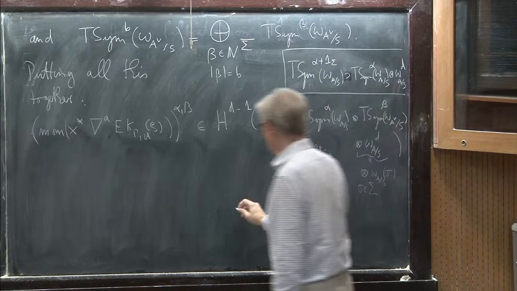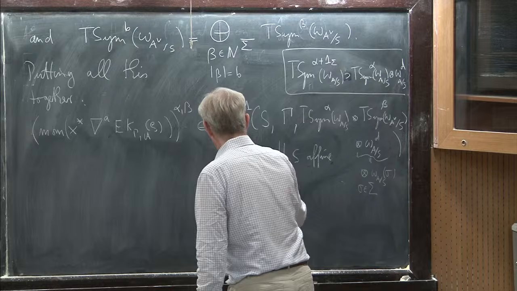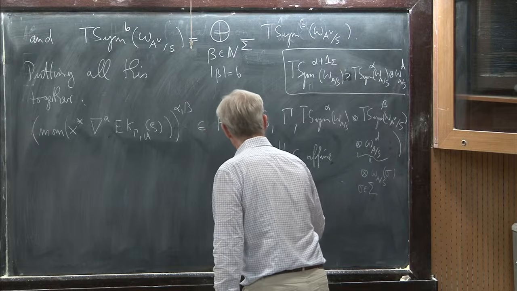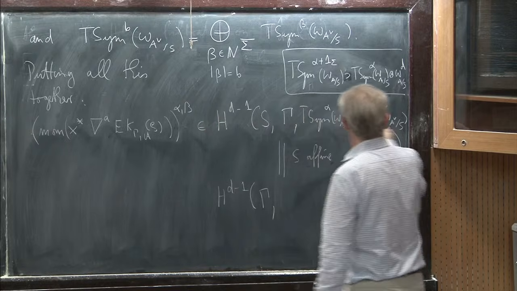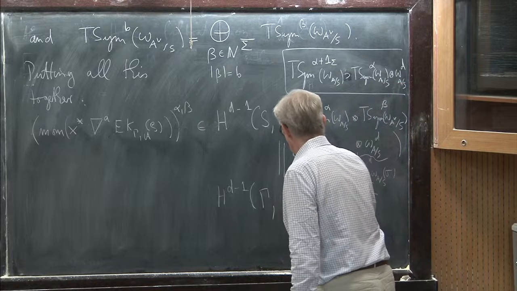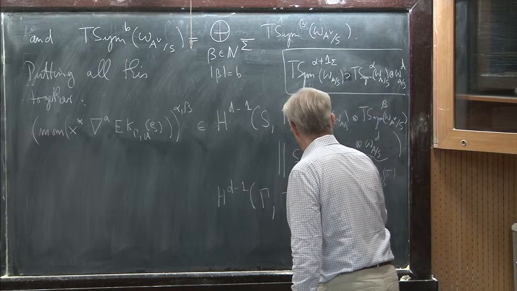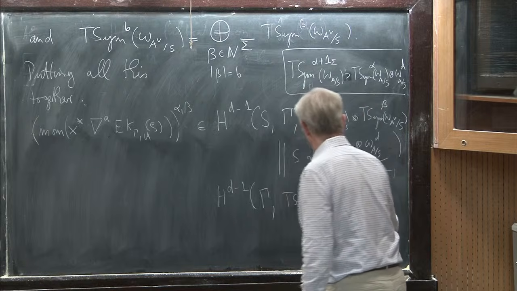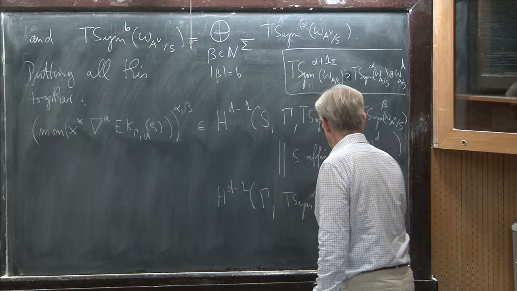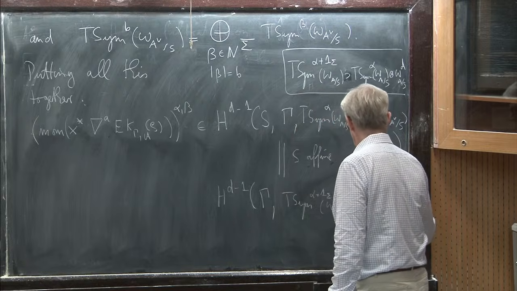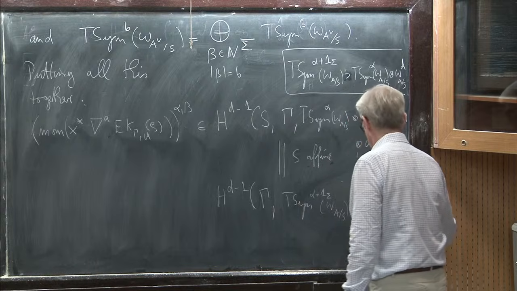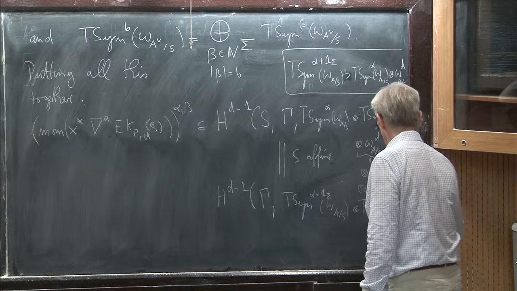So this gives you just the group cohomology in degree d-1 of the global sections of this. So I now write alpha plus, with this convention above, omega AS tensor T sim beta omega A dual S.